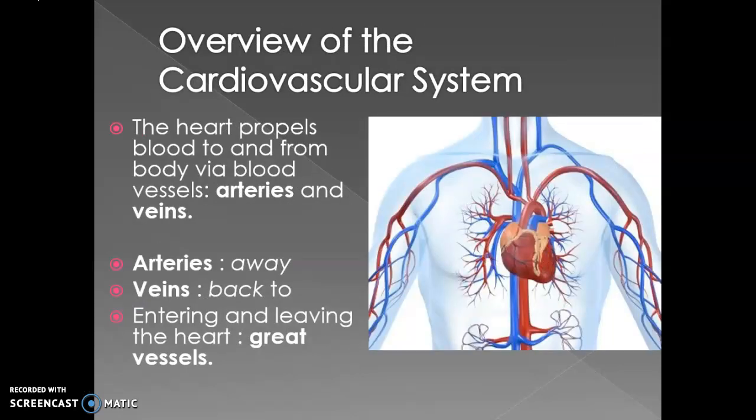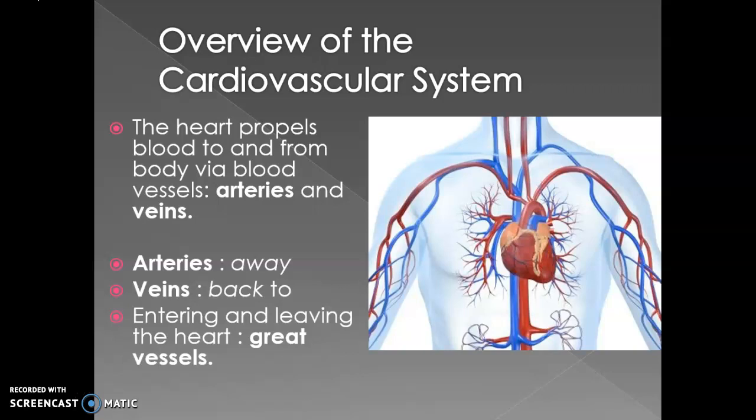Okay. So, on the right hand side, you do see a picture of a human body with the heart at the center of the cardiovascular system. And if you imagine, the beating action of the heart will propel the blood to the different arteries. And the arteries will carry the blood to different parts of the body, and the deoxygenated blood will return back to the heart via the veins.